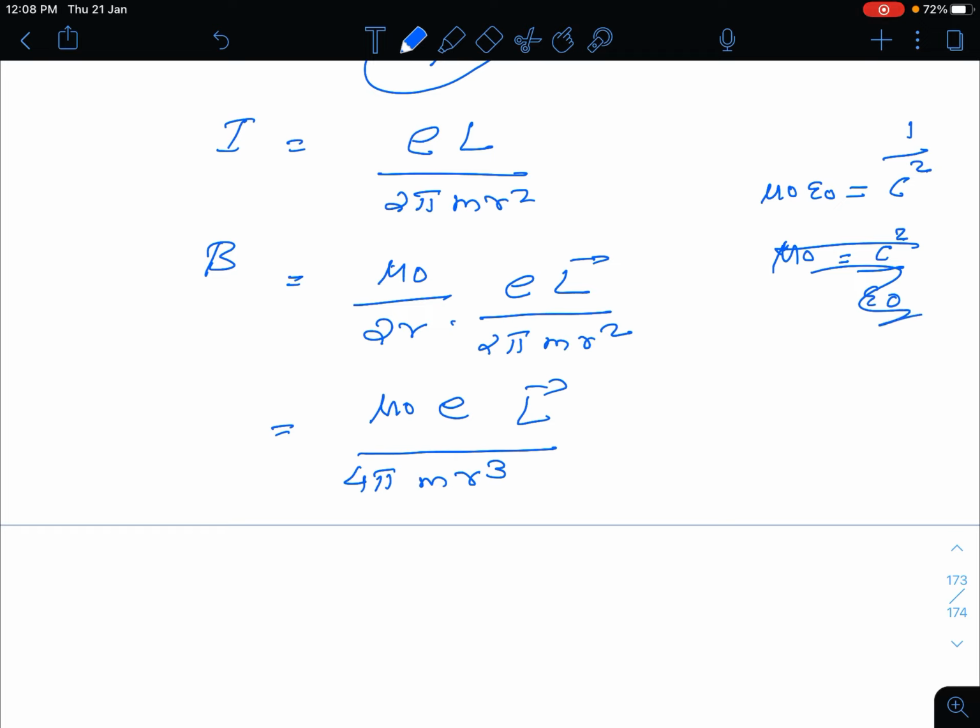Root of mu 0 epsilon 0 is 1 by c. So mu 0 is equal to 1 by c square epsilon 0.